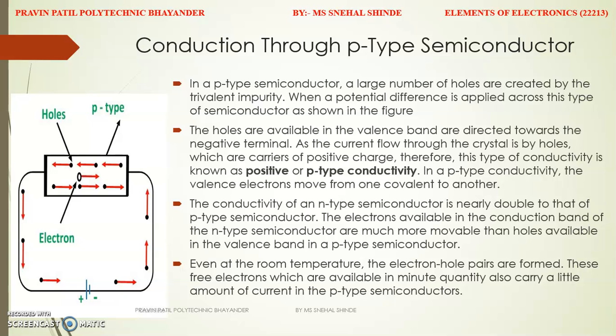Even at room temperature, the electron-hole pairs are formed. These free electrons, which are available in minute quantity, also carry a little amount of current in the p-type semiconductor. So this was conduction through a p-type semiconductor.